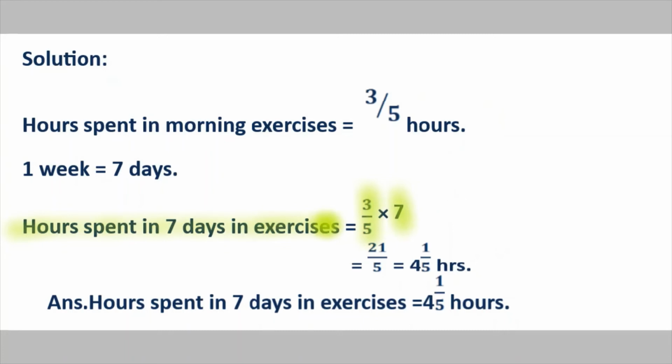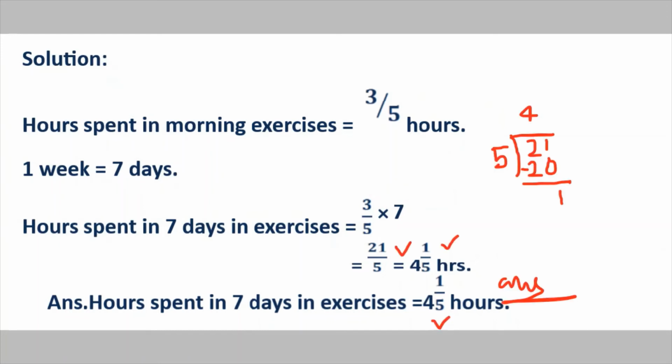So we know 3 into 7 is 21 divided by 5. You can note it is 21 and then divided by 5. Now you have to divide 21 by 5. So hours spent in 7 days in exercises is 4 1 by 5 hours.